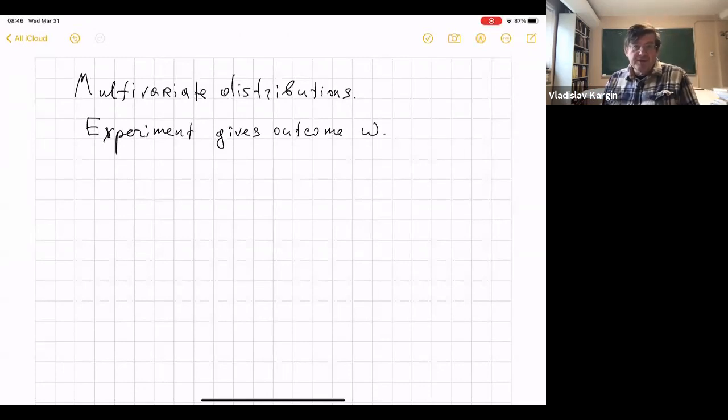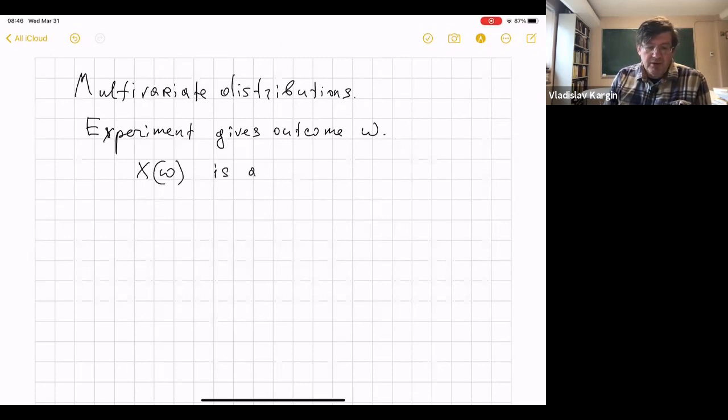Then we looked at a simplified version of the experiment, where the experiment gives just one number. This was a random variable, so we can say that X of omega is a random variable. We can think about this as a feature of the experiment. We look at one feature of the experiment, and this was just a real number.